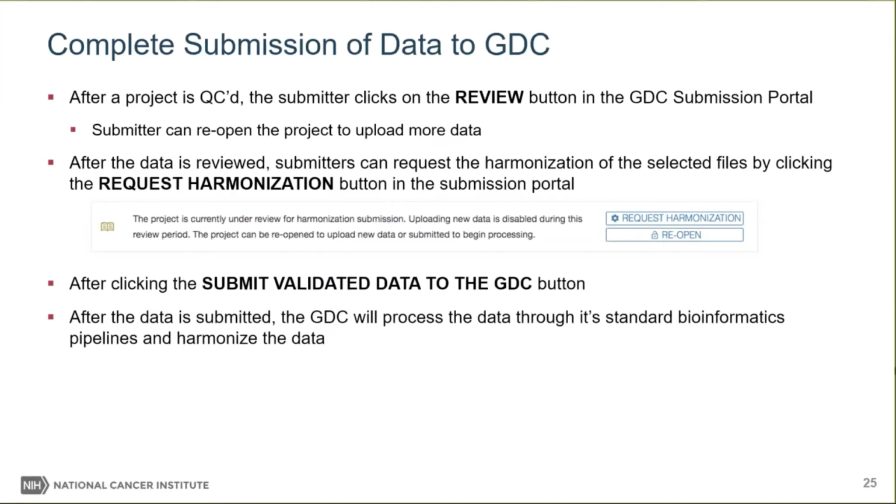So after everything looks okay, you can click the Request Harmonization button that you can see in the screenshot right here, or the project can be reopened if new things have to be applied to the project. Then the Submit Validated Data to the GDC button is clicked, and the GDC will start to process the data through the harmonization pipelines.